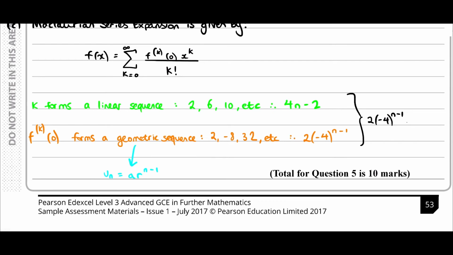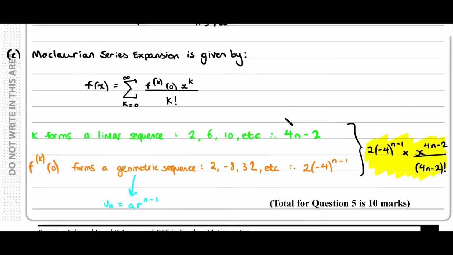So we have x to the power of 4n minus 2, and then we divide this by 4n minus 2 factorial. This is our final answer. And I think that's quite a complicated question for the amount of marks it was worth. It was worth, I think, 2 marks. A lot of work for 2 marks to understand what's going on.